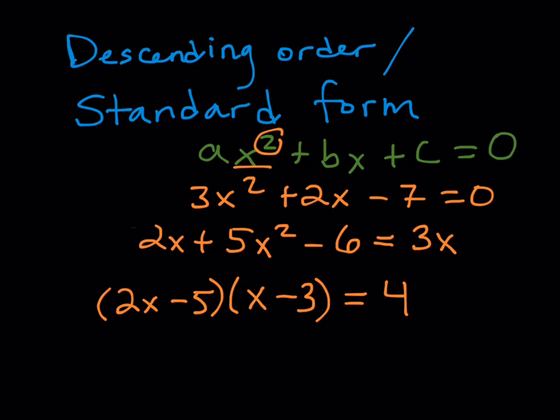So we have x squared first, next we have x to the first, and then just a constant, which is technically x to the 0th, so that comes last. So if I did this last example, and we'll end with this one.